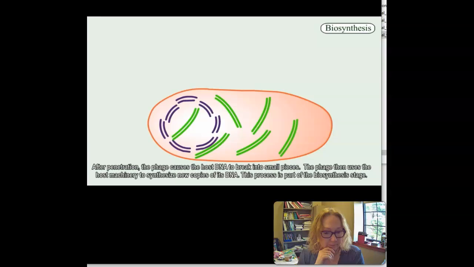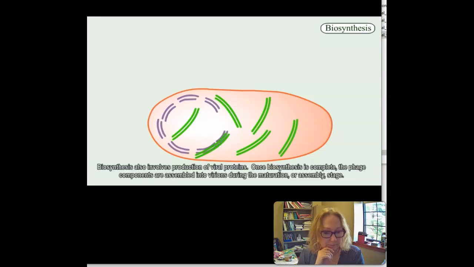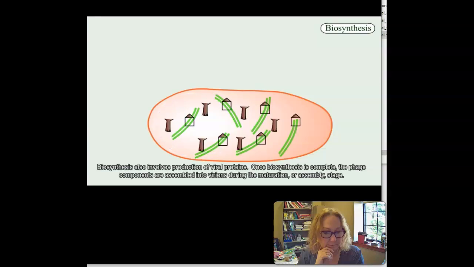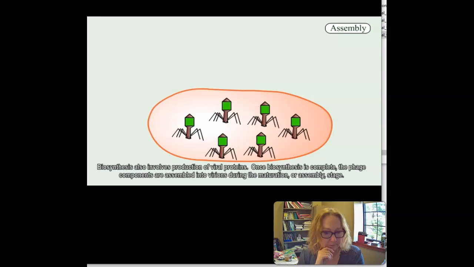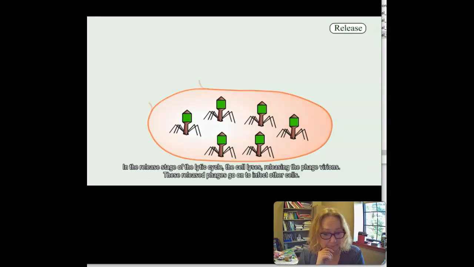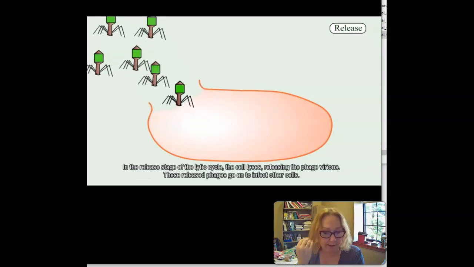This process is part of the biosynthesis stage. Biosynthesis also involves production of viral proteins. Once biosynthesis is complete, the phage components are assembled into virions during the maturation or assembly stage. In the release stage of the lytic cycle, the cell lyses, releasing the phage virions. These released phages go on to infect other cells.